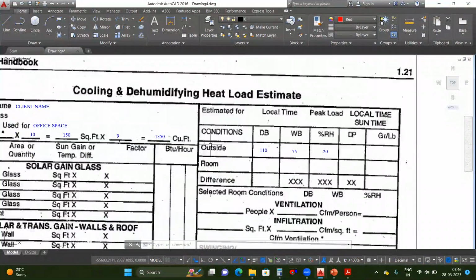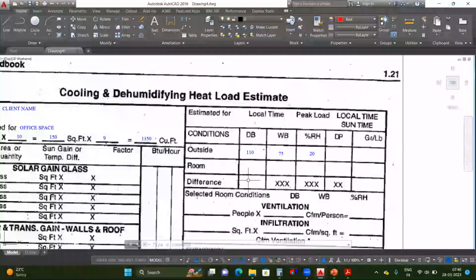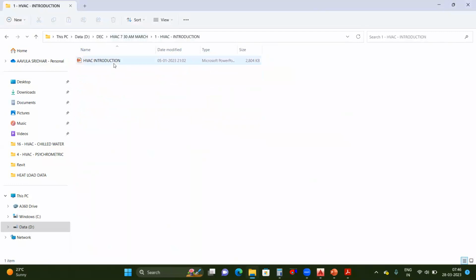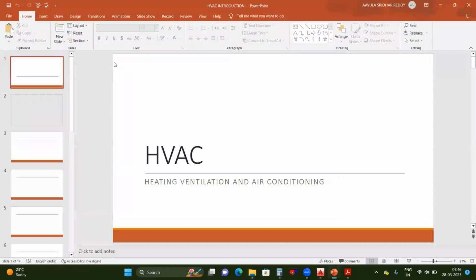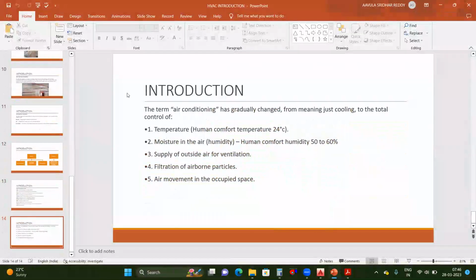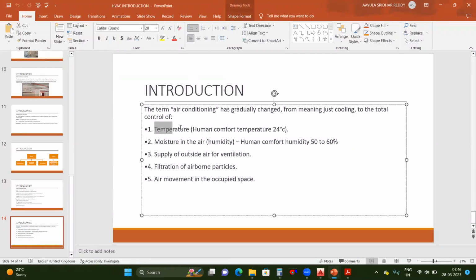Next we need to enter the room conditions. In our first class, we discussed the human comfort temperature, so I'll open that. If you see here, the human comfort temperature is 24 degrees centigrade.